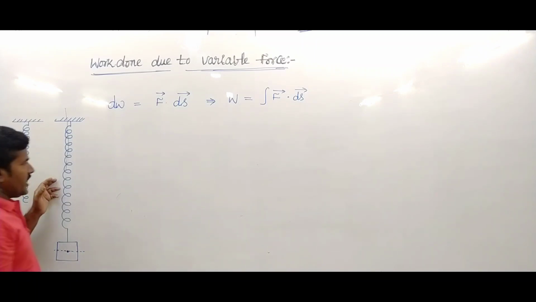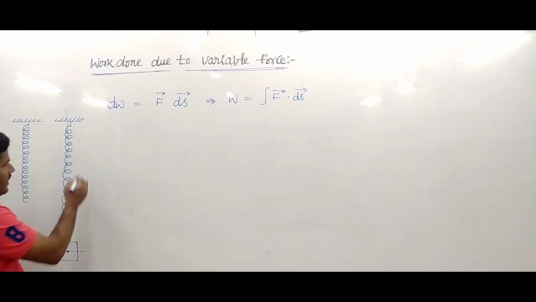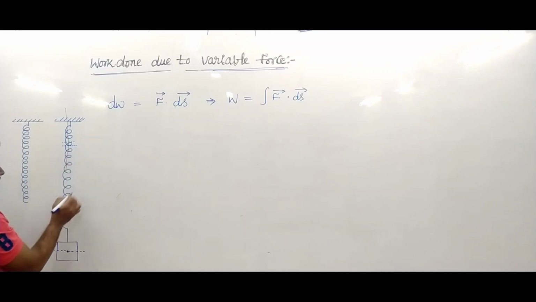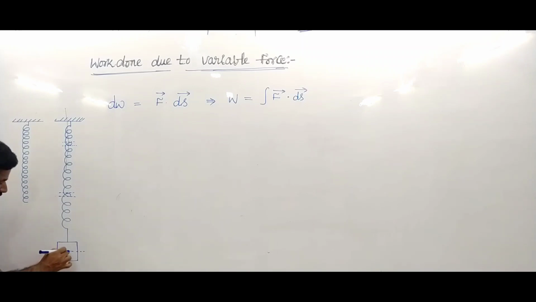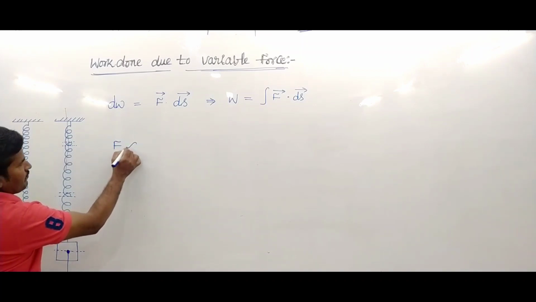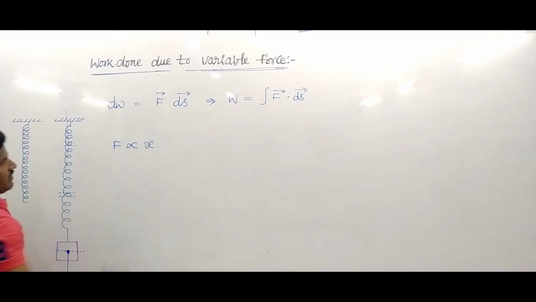The spring is stretched, which means here the force is variable. So this place and this place have different forces acting on them. Here the force is directly proportional to displacement, F proportional to x.